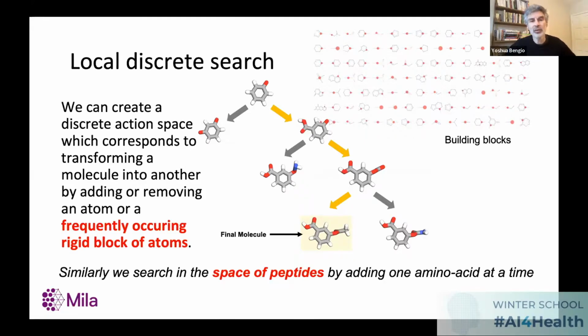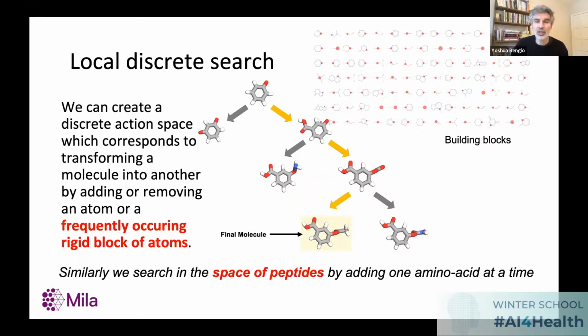But one thing we did in our work, and other people have done similar things, is in the case of drug-like molecules, we can make the search a bit easier by doing it not in the space of atoms, like this atom goes here, this atom goes here. There's lots of choices, but we know that there are frequently occurring rigid blocks of atoms, molecule fragments that are like a vocabulary to build molecules that seems to be recurring.